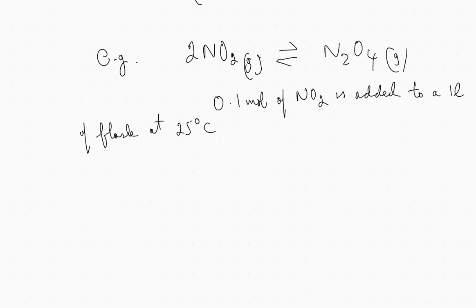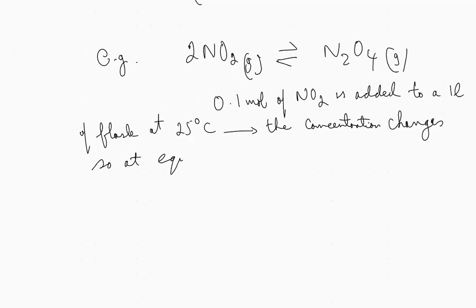The concentration changes. So at equilibrium, the concentrations are, so the NO2 concentration is 0.016 M. Okay, so it's 1 liter, so it's easy to calculate, and we don't have to divide it.